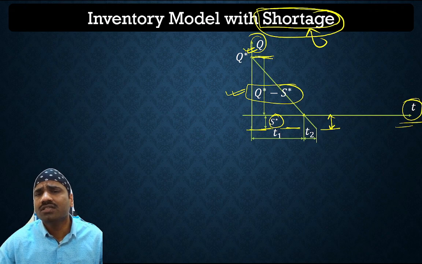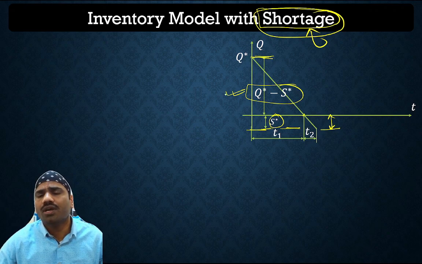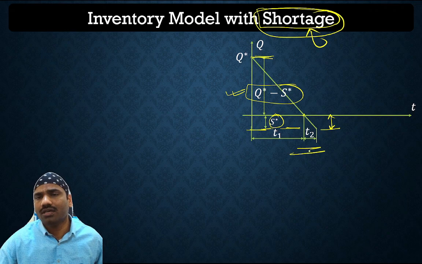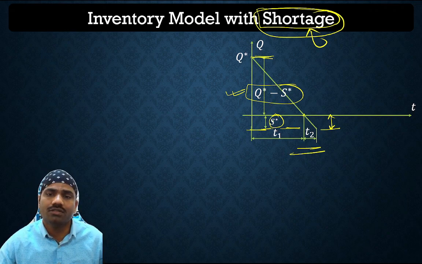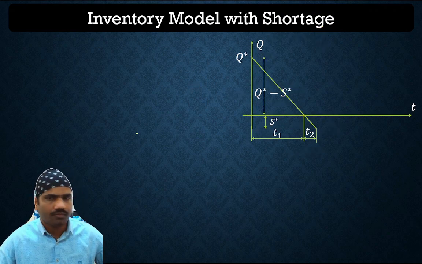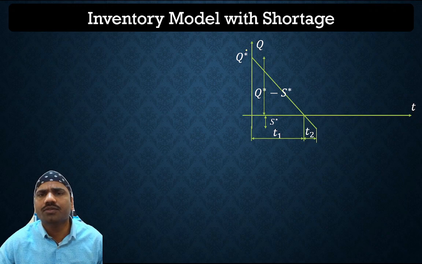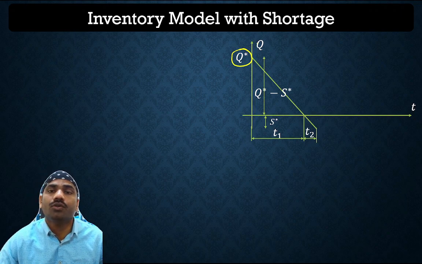So this plot is between the quantity and time. We'll see how this quantity and time alter the shortage inventory model. We have some demand Q star, or you can say EOQ, economic order quantity.